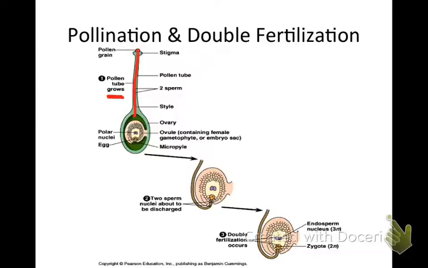And then what will happen is after the other two enter through that small pore that the first one dug out for them, one of those fertilizes the egg and the other one makes a polar body.